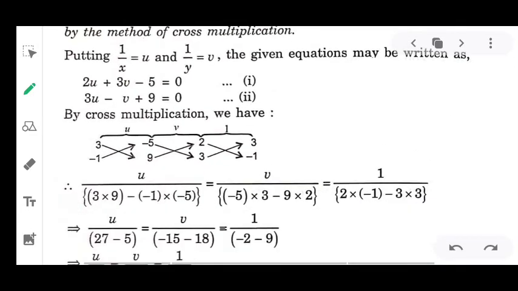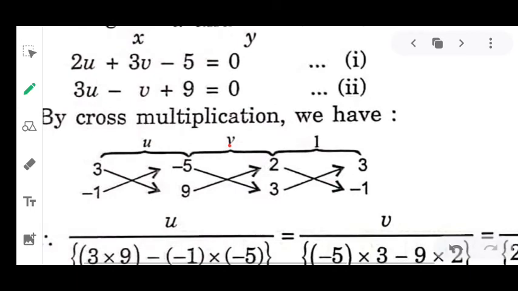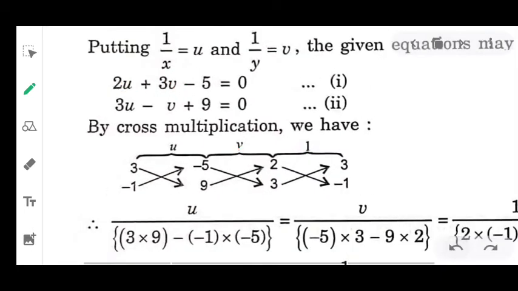Okay, next write down u, v and 1, because here the variables are u and then v. Remove the term which contains the variable u, this is 2u and 3u. So remaining are the coefficients of v, in the first equation 3 and in the second equation minus 1.